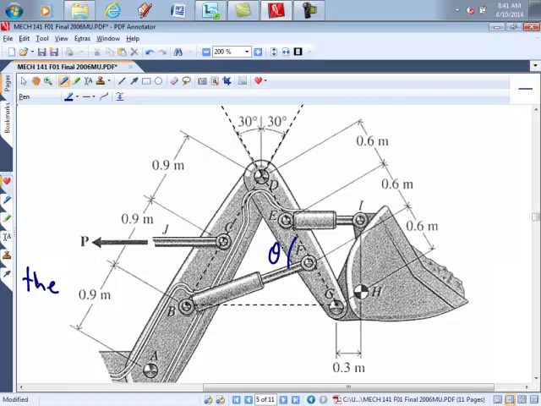Because I know this length, and I know this length. Oh, can I use the cosine law? Because I don't know this length. Pardon? No, we should be able to. So that's what I did before. How to figure out.